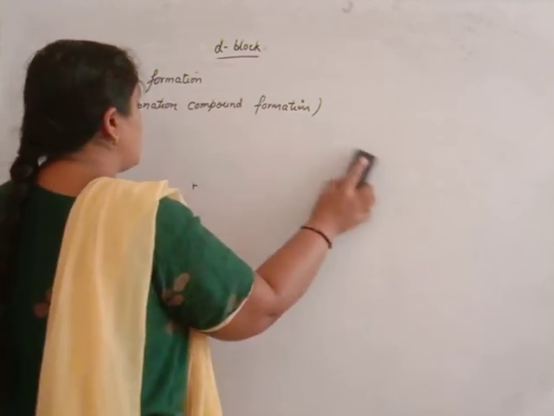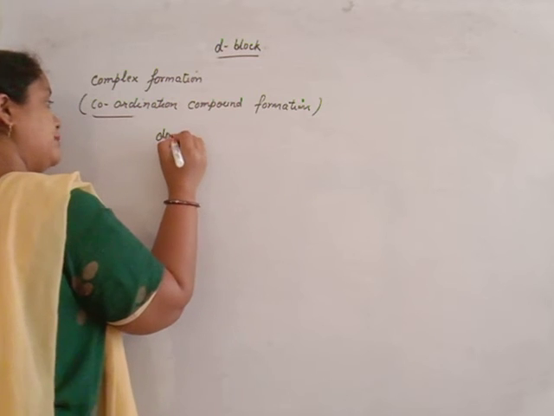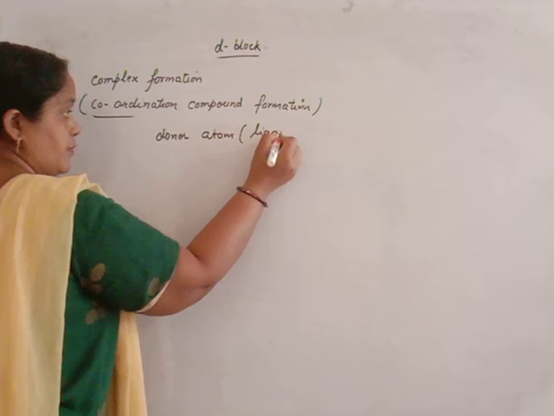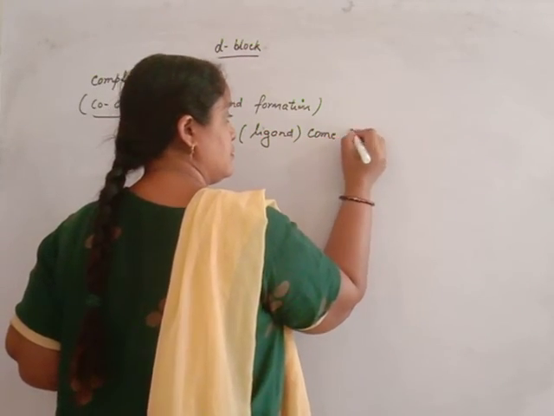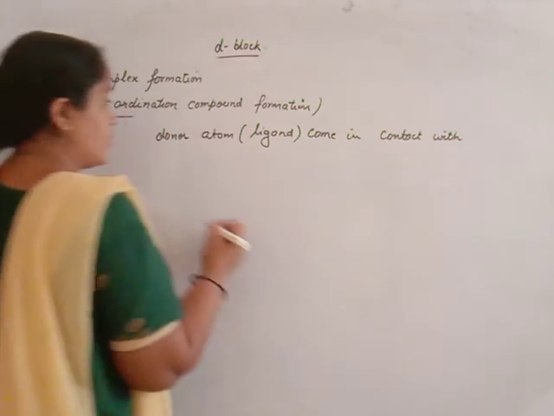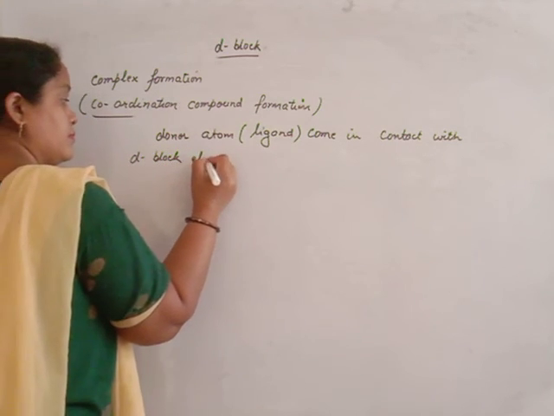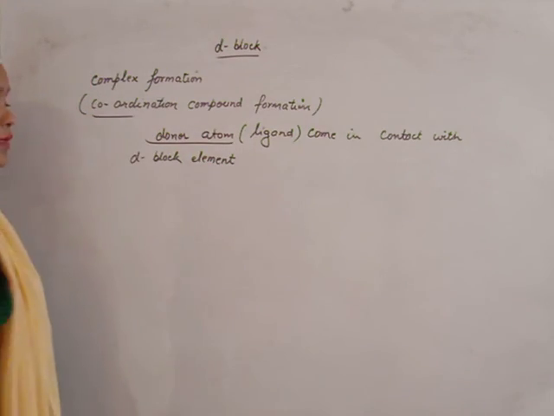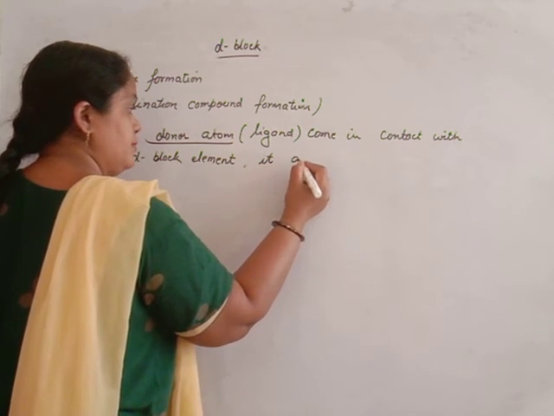When donor atom, which is known as ligand, comes in contact with d block element, donor atom is electron donating atom, it comes in contact with d block element and it accepts a pair of electrons.